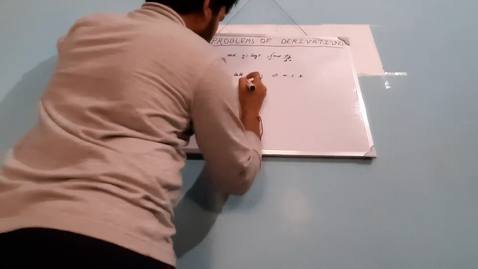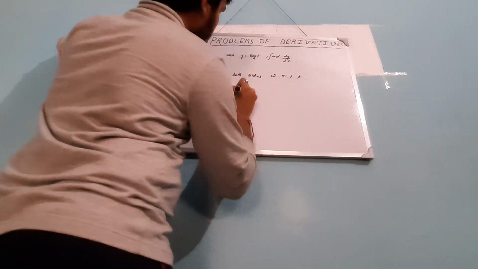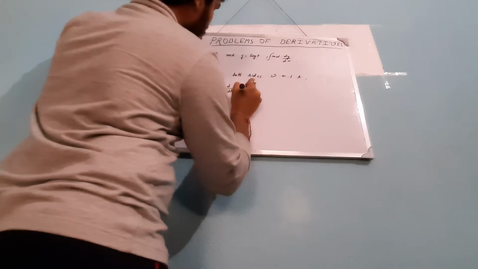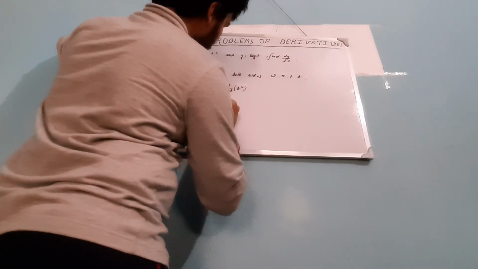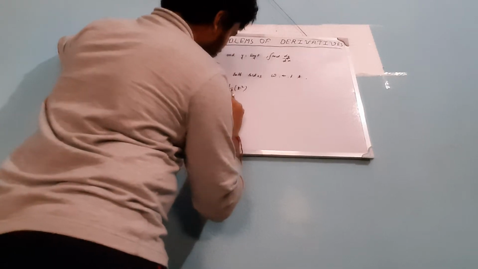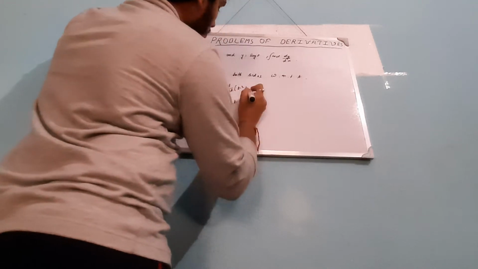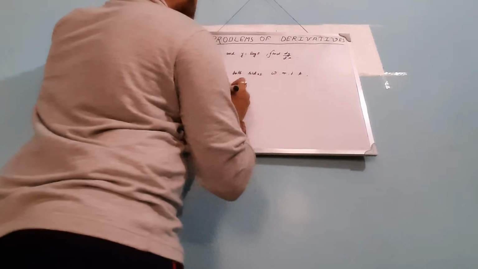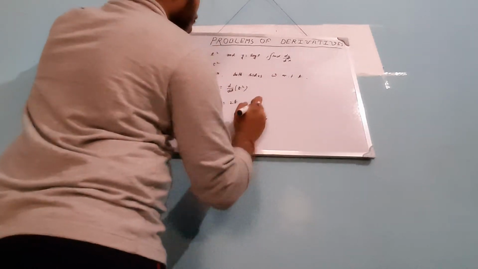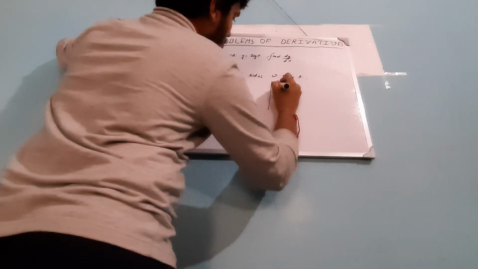So dx by dt equals d by dt of t square. You know the formula of t square, t to the power n or x to the power n, it's the same formula. And another is y equals log t.